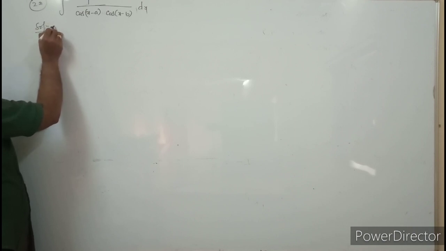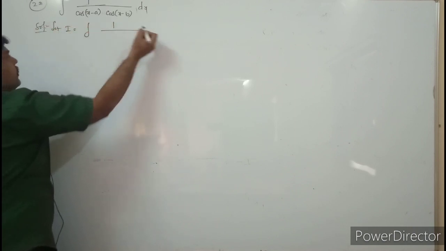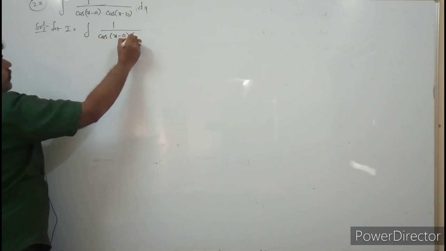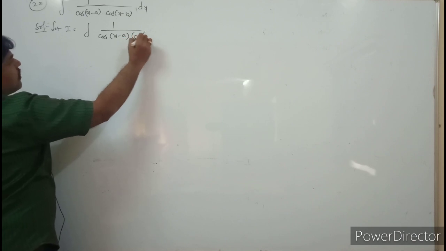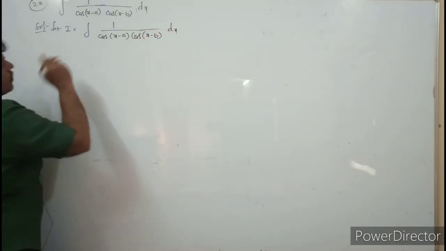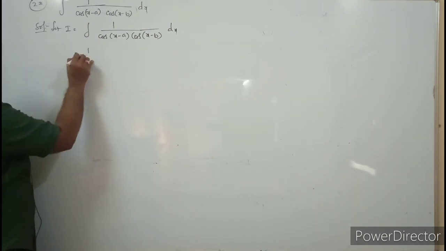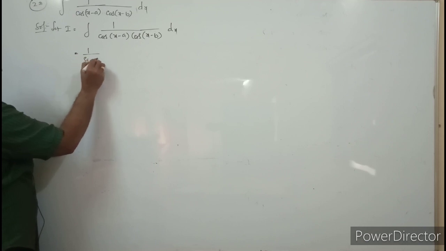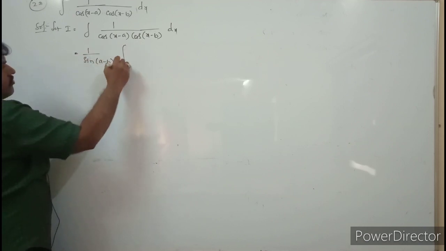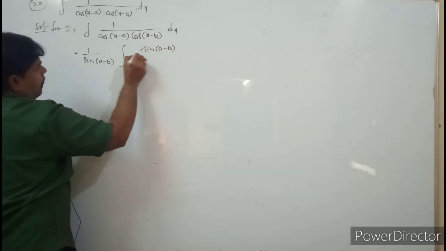First, let I be equal to integral of 1 by cos x minus a into cos x minus b into dx. Here I will multiply and divide with sin of a minus b.